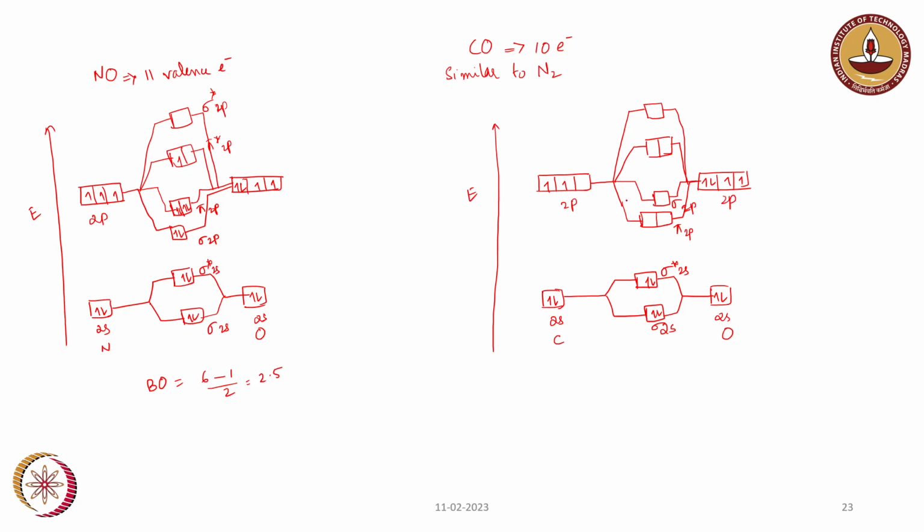So 4 plus 2, 6 electrons are there. So we'll add in pi 2p and sigma 2p. So the bond order will be 6 minus 2 by 2 is 3. So for NO it's 2.5 and then CO it's 3.